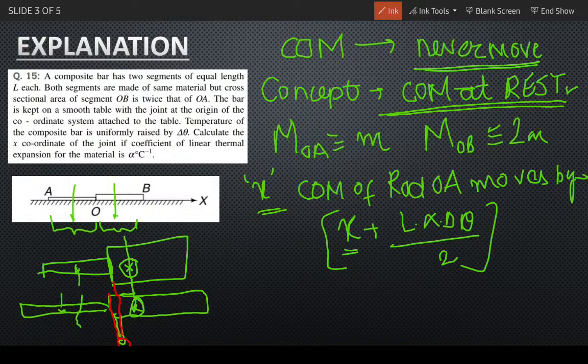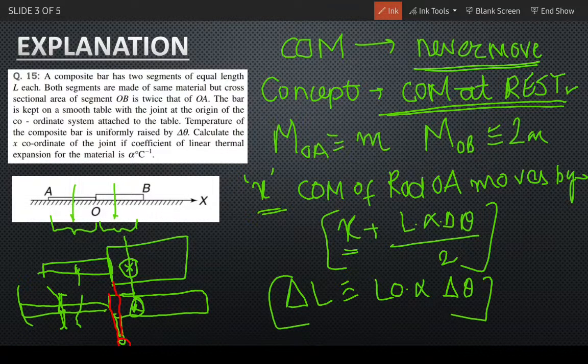The extra distance moved over here from this, and L alpha del theta by 2 is the expansion that happened over the half length of the rod. As we know that thermal expansion has the formula del L equals L naught alpha del theta, where del theta is the temperature change, alpha is the coefficient of expansion, L naught is the length of the rod. Here L alpha del theta by 2 is considered as half rod is considered over here, this part of the rod.